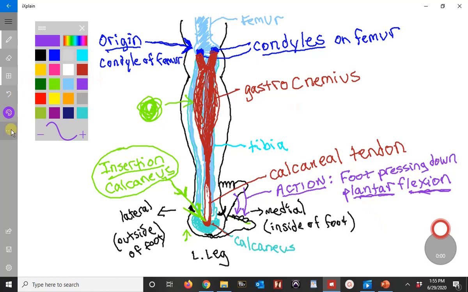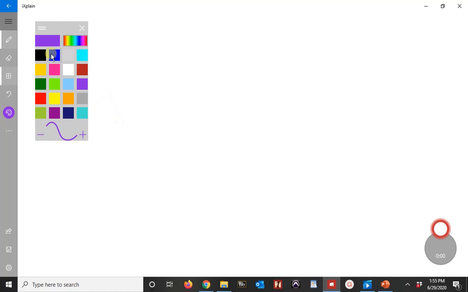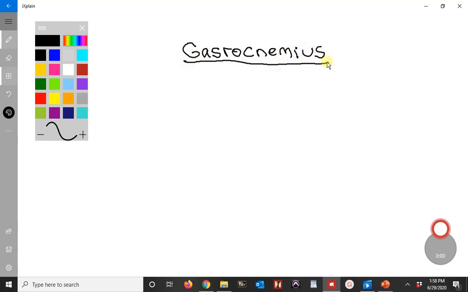So let's clear this off and see if we can do this from memory. The gastrocnemius attaches originally where it originally attaches. That's called the origin point.